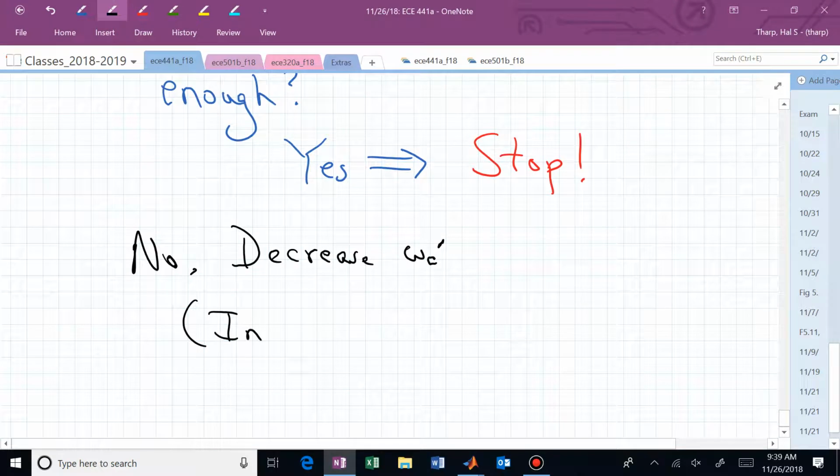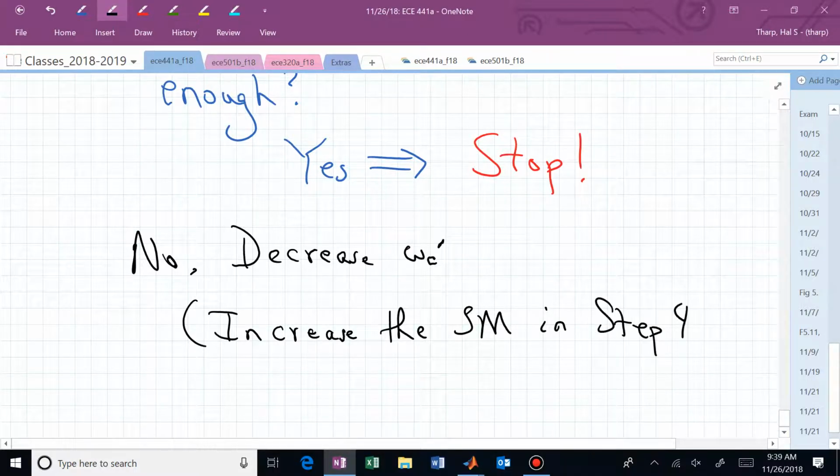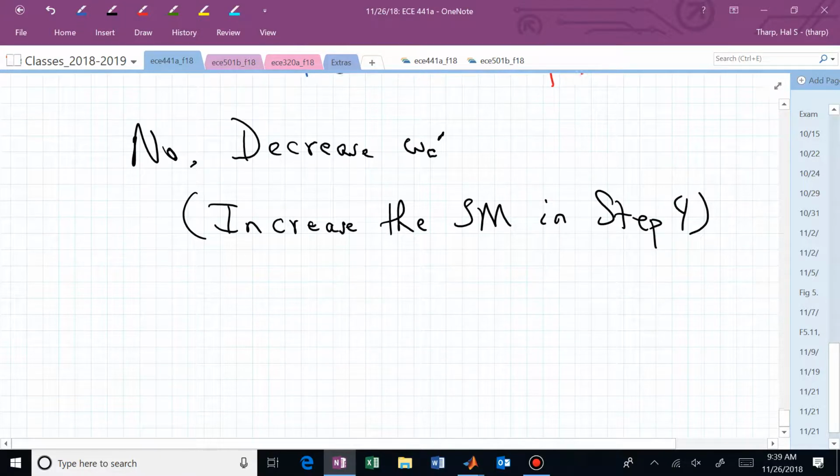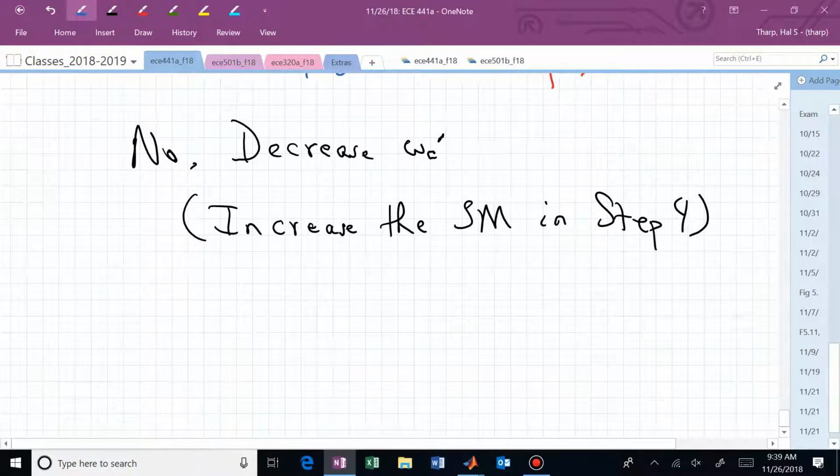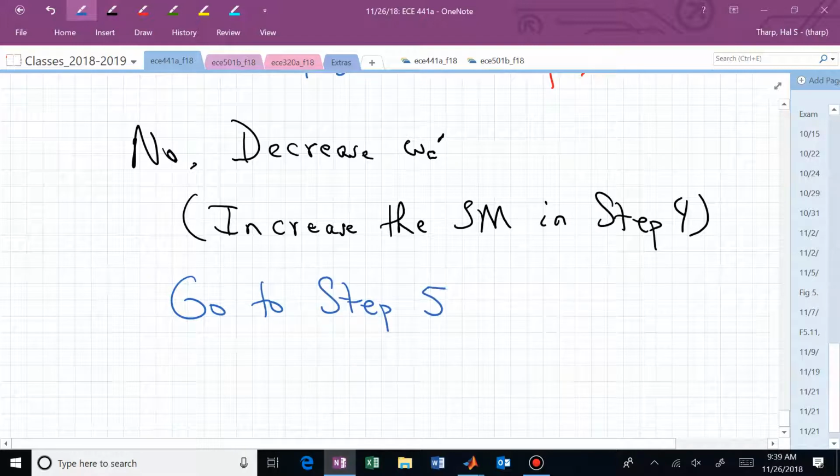Or you could think of this really as increasing the safety margin in step 4. And then you actually have to go back and redo your design. Locate your zero, find the attenuation you need, find your pole, etc.